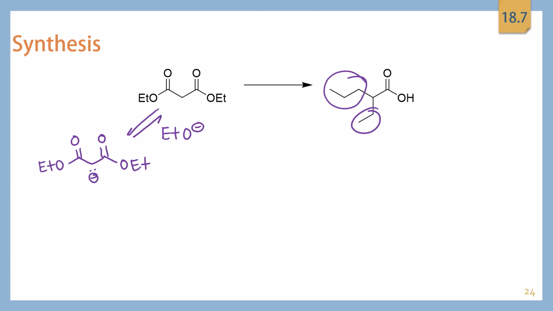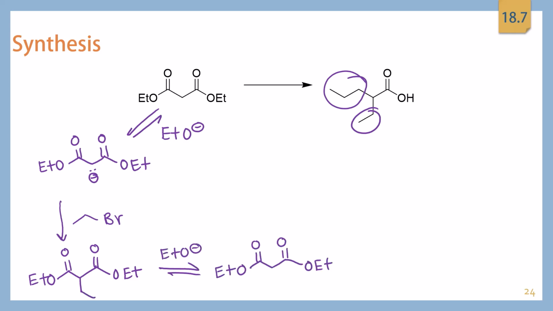So there's our enolate. We can add on either our ethyl group or our propyl group first. It doesn't really matter. I'm going to add on the ethyl group first just because it's smaller and it's going to add less bulk. But if you added on the propyl group first, that wouldn't really be wrong.